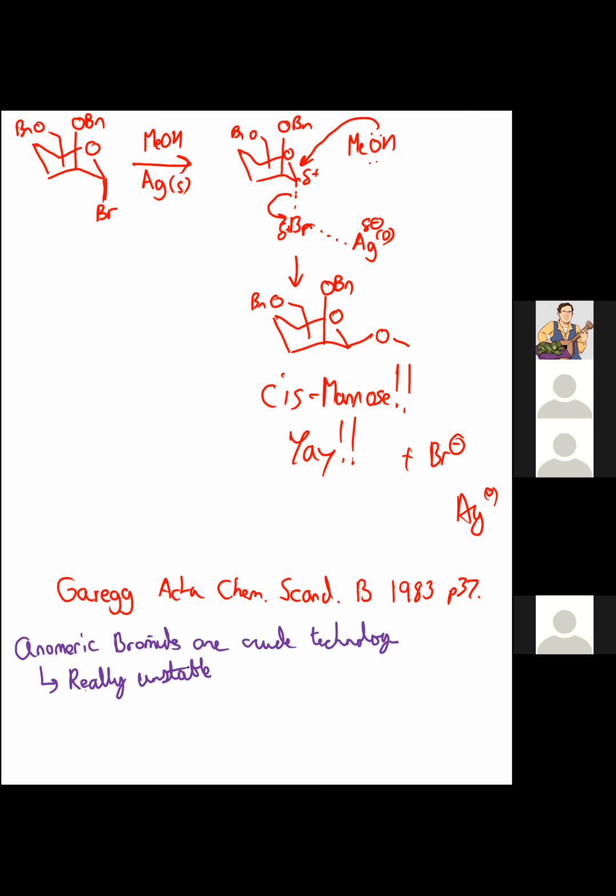You have this beautiful white powder when you start. In the morning, you leave it out, and it goes to crap. It's okay in the freezer under argon, but it's pretty nasty. So, fast decomposition.